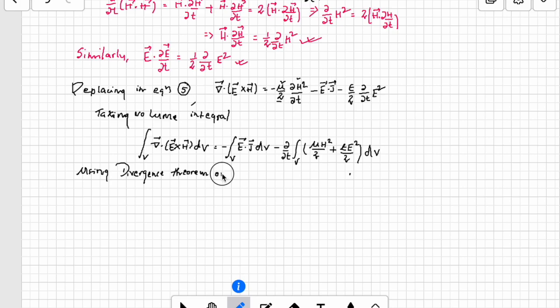On the LHS, the surface integral and the volume integral are equivalent.